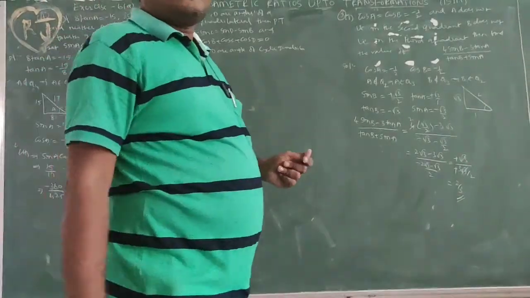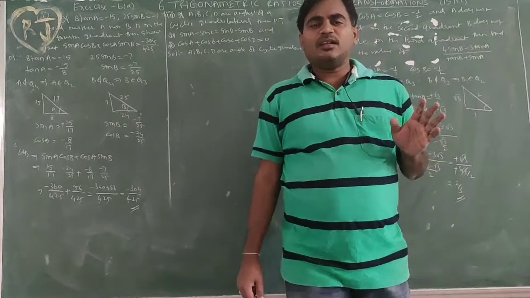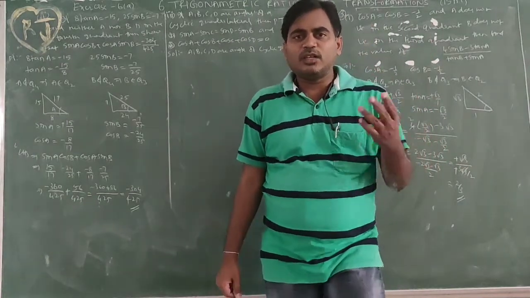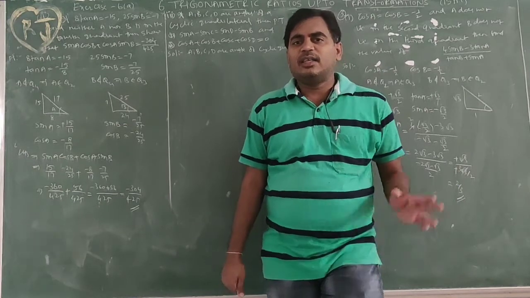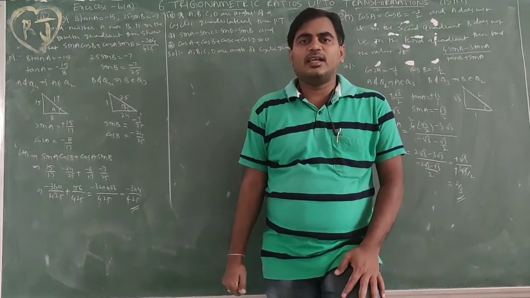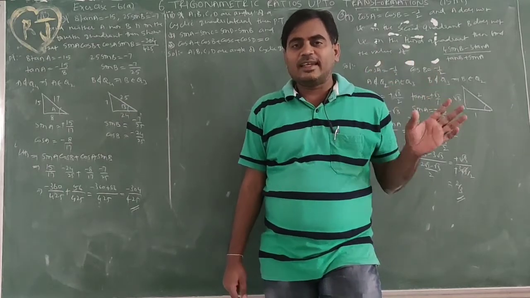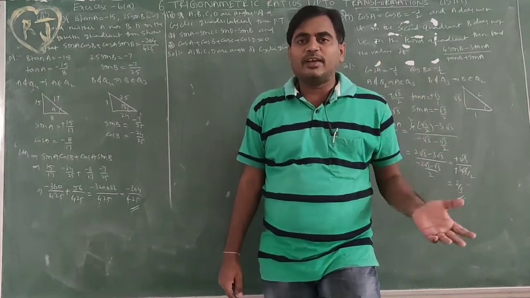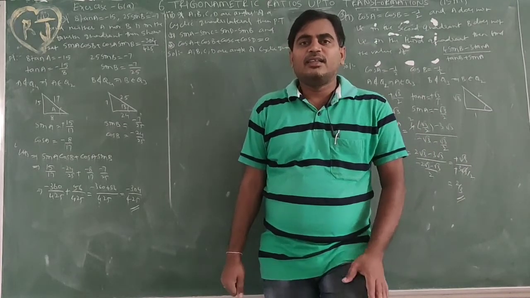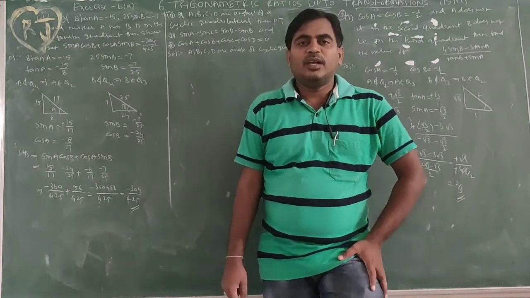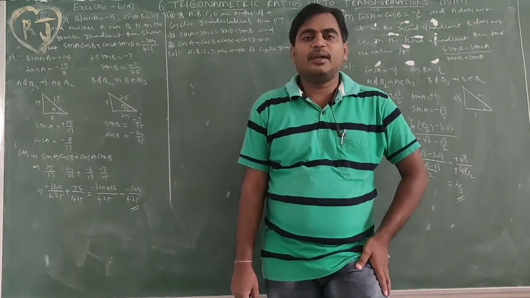So what is a cyclic quadrilateral? A circle which is passing through all the vertices of a quadrilateral, then the quadrilateral is called a cyclic quadrilateral. In a cyclic quadrilateral, opposite angles are supplementary.